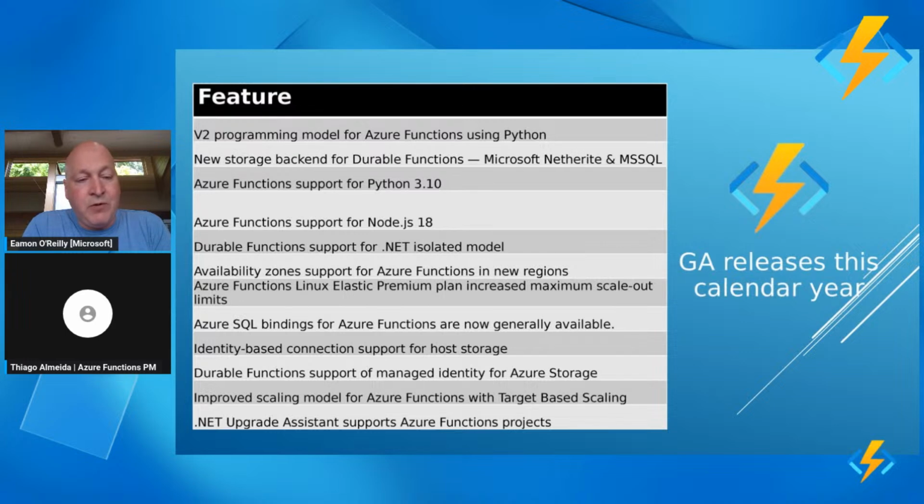With that, we wanted to make sure that if you do have a requirement on availability zones, you can use those inside of Azure Functions and get high availability and DR support built into the service. We already had that across a bunch of regions, and there are new regions available as well. And I think Thiago, in one of those first slides, has a link to the community doc where you can go and read up more about all of these improvements and the new regions supported.